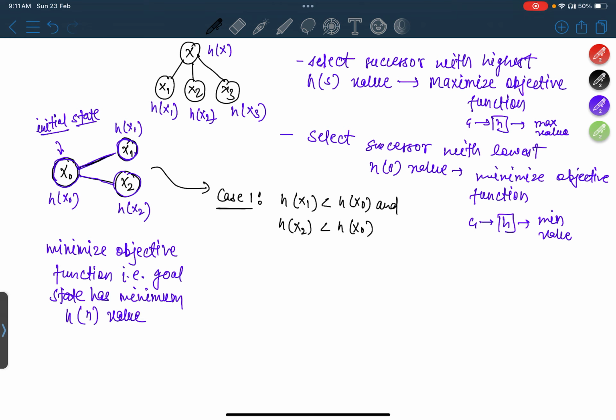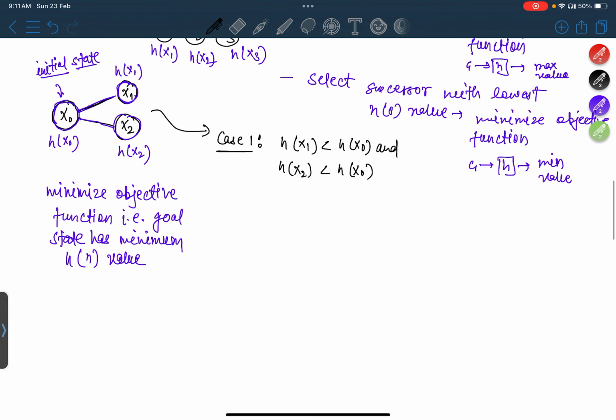That means the objective values of both successors are smaller than the current state. If both are smaller, that means we are on a good path, we will get a better state and reach more close towards the goal. So we'll select h of x1 if h of x1 is less than or equal to h of x2, or h of x2 if h of x2 is less than h of x1.